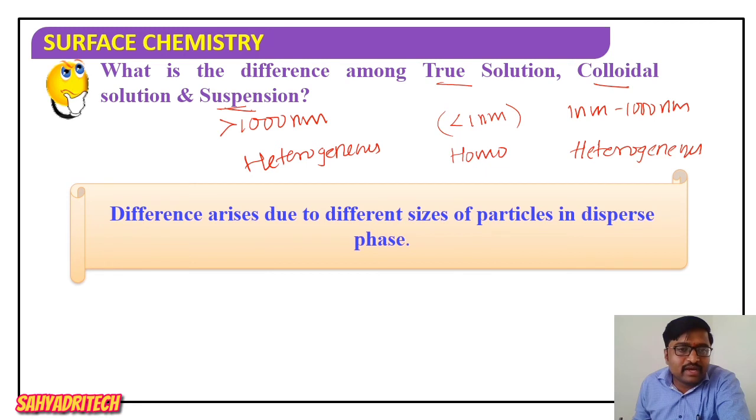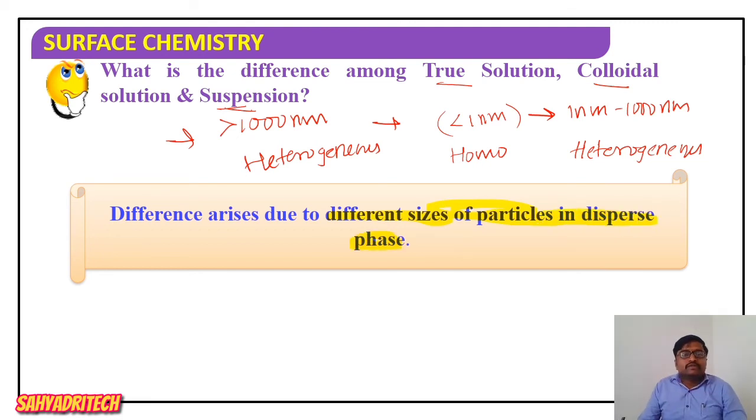Now when you look at the particle size, how do they differ from one another? The basic difference arises due to the different size of particles in the dispersed phase. True solutions, colloidal solutions and suspensions differ from one another only because the size of the particle is different.